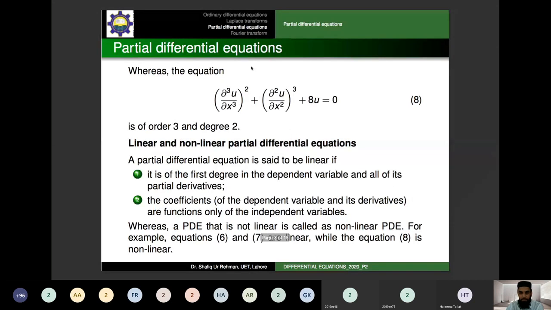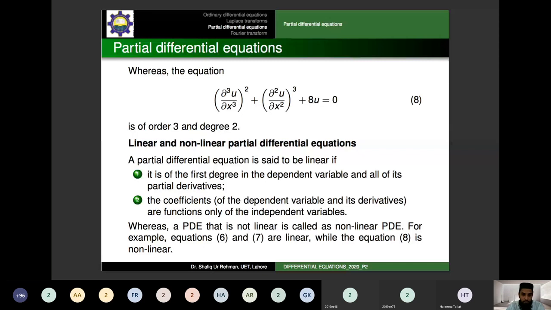But if you look into equation number 8, since the equation is non-linear, we cannot look into the second aspect where we have to keep an eye on the coefficients. Since it's non-linear, the very first thing is that equation number 8 is non-linear because the degree is greater than 1, so the first property is violated.